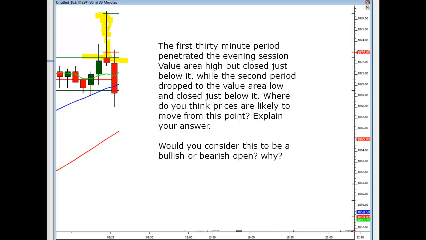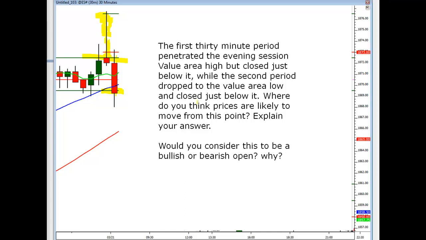You could see by this huge wick that sellers were up here, and prices were rejected when we tried to move above the value area high. Now, in the second 30-minute period, prices drop all the way back down to the value area low and close just below it.